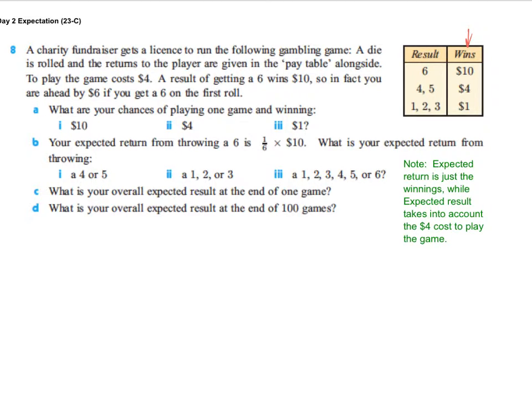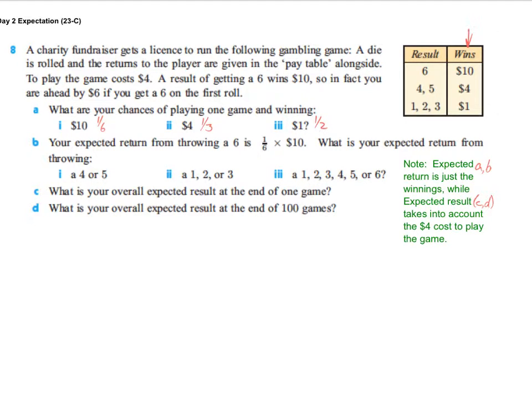So you're going to deal with that for parts A and B. Expected result is what you're talking about on parts C and D. That you do have to take into account the $4 it costs to play. So at this point, I want you guys to work your way through this and see what you can come up with.